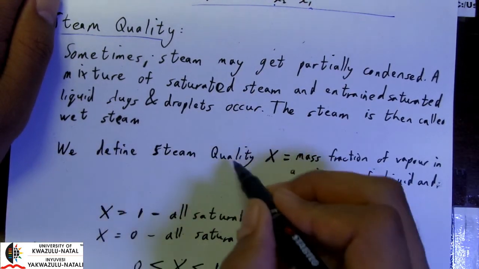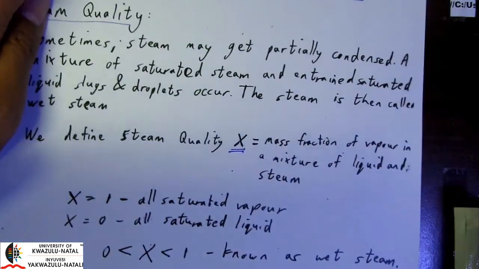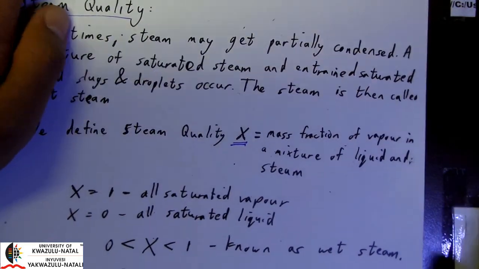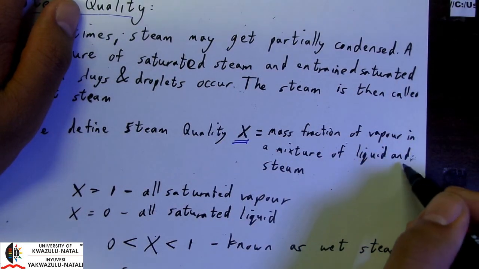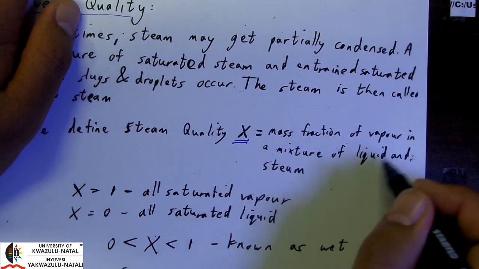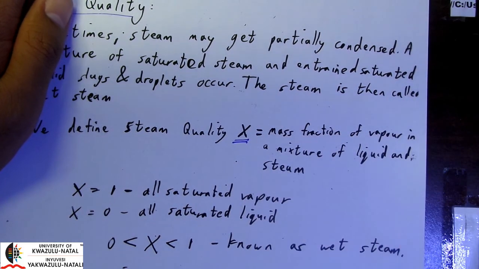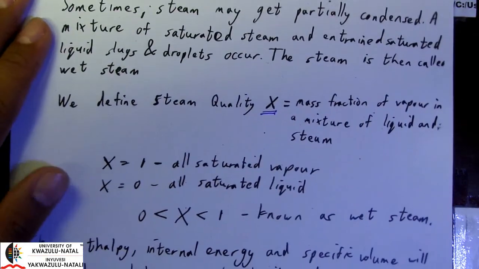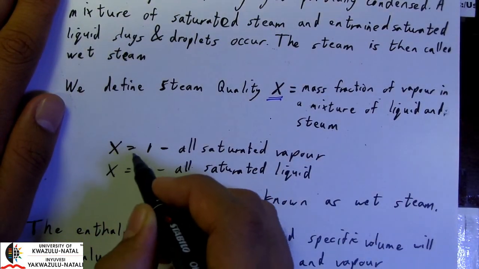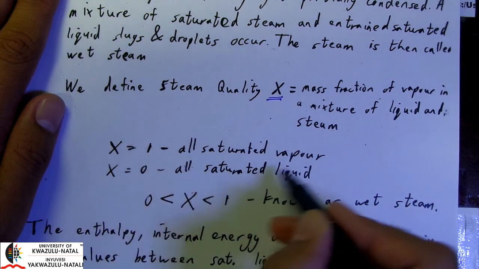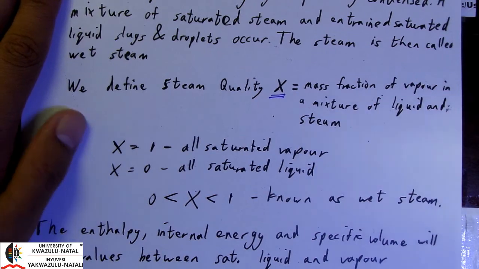Now we define our steam quality, denoted by X, to be the mass fraction of vapor in a mixture of liquid and steam, or in other words liquid and vapor. So we're looking at the mass fraction of our vapor. If X is 1, then we can expect to have entirely saturated vapor, so all of our water will occur in the vapor phase.